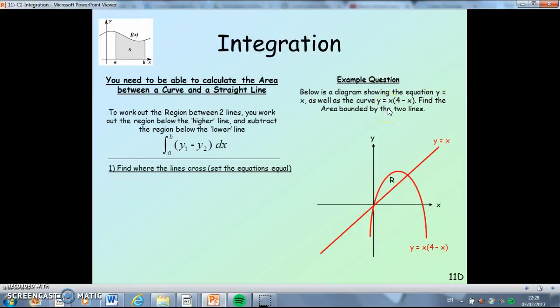What we want to find is the region R. The way we're going to do it is find where y equals x and y equals x bracket 4 minus x, so x is going to be equal to x bracket 4 minus x. So that's where we're finding it, and we're going to expand the bracket.